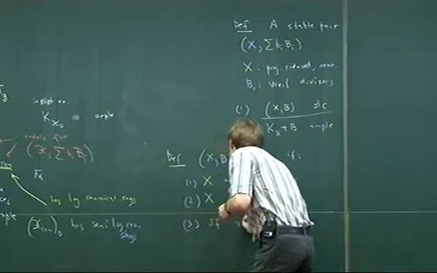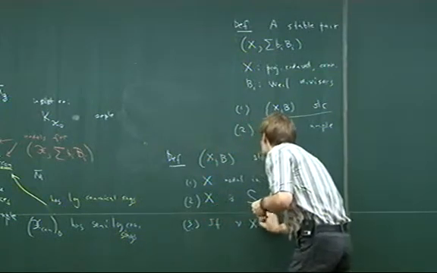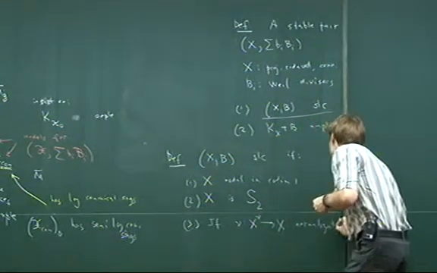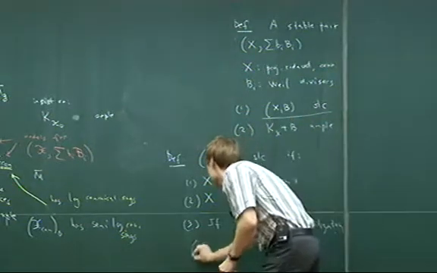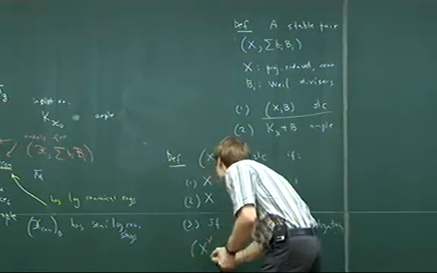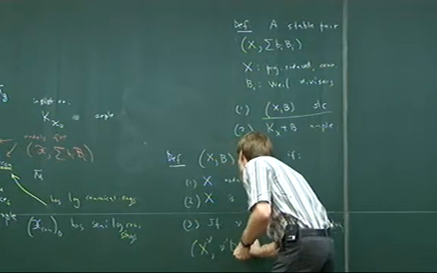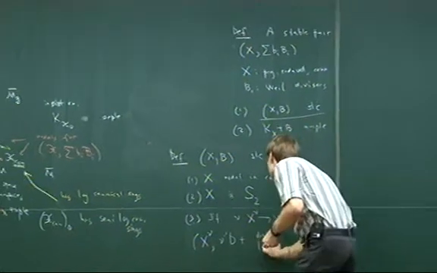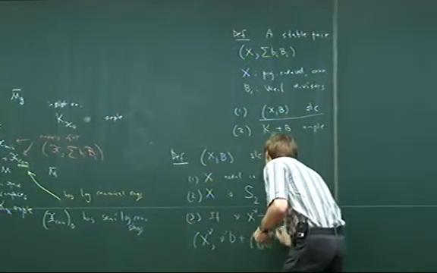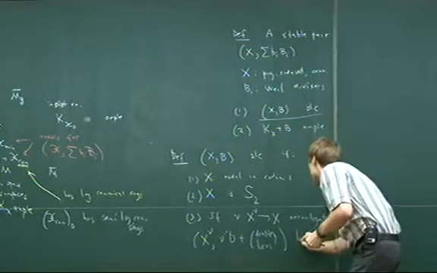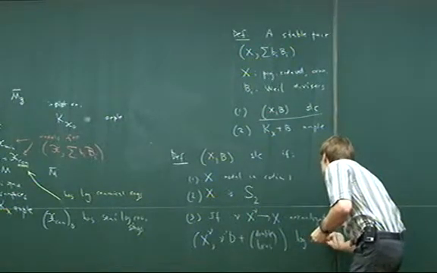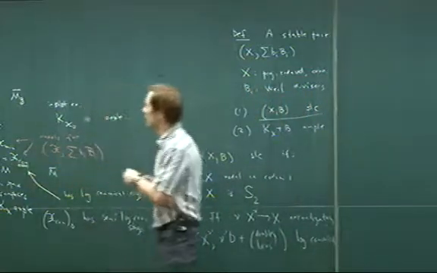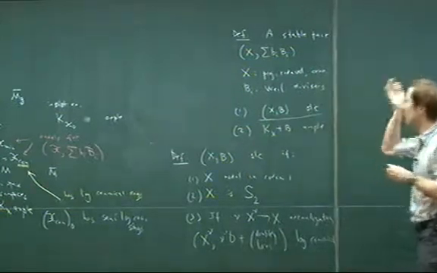And three, if nu is the normalization, then the pair X nu, preimage of the divisor plus the double locus, this pair has to be log canonical. And again, log canonical is the kind of singularities that canonical models have in the minimal model program.